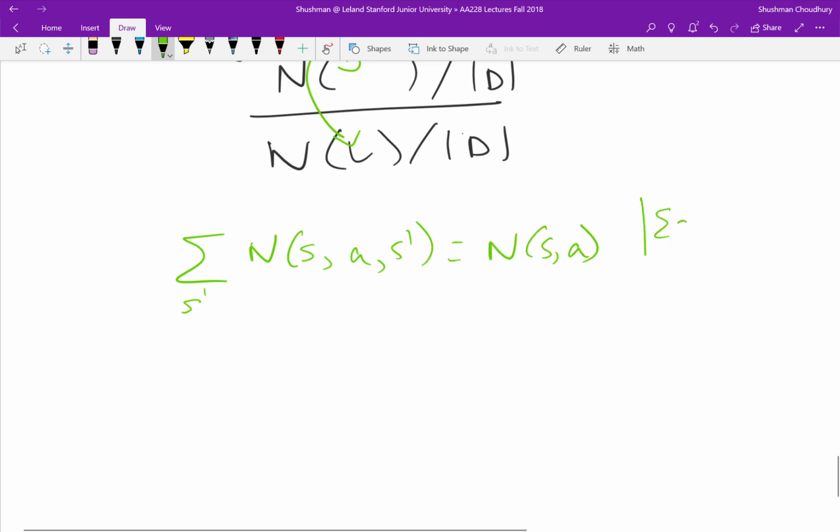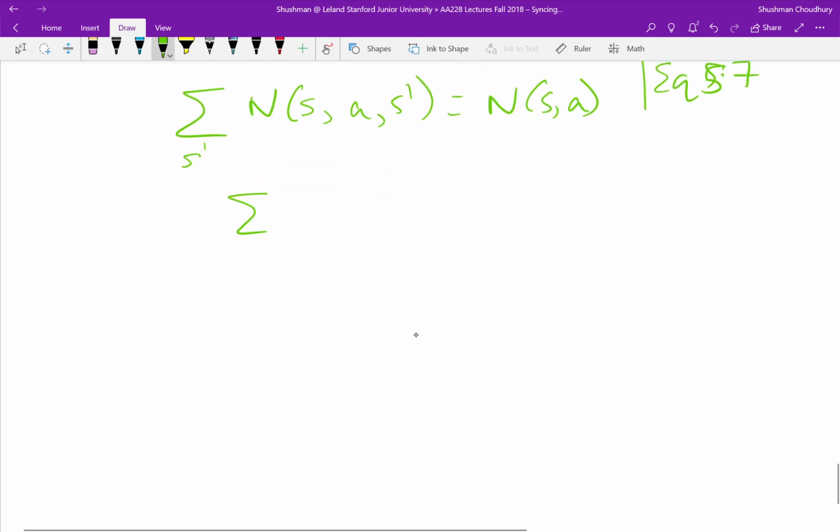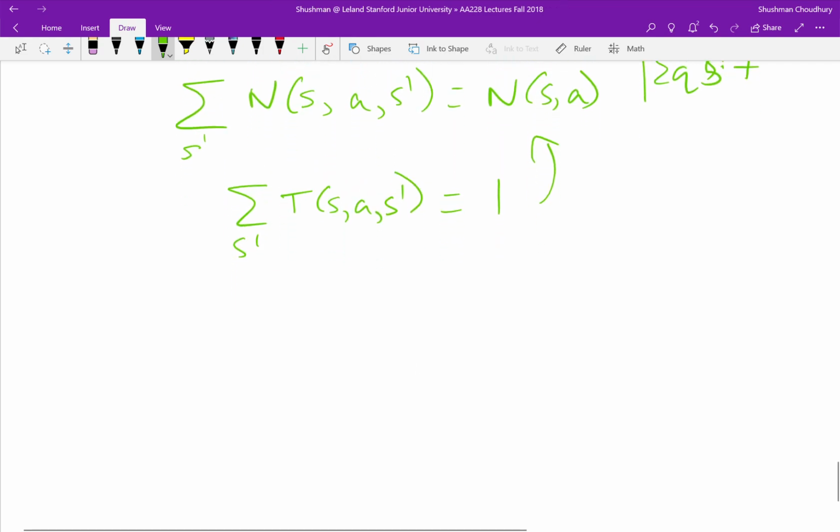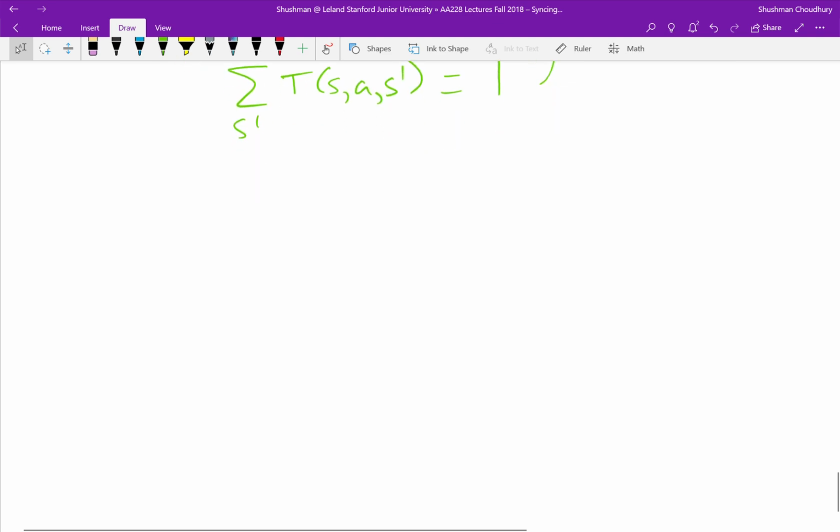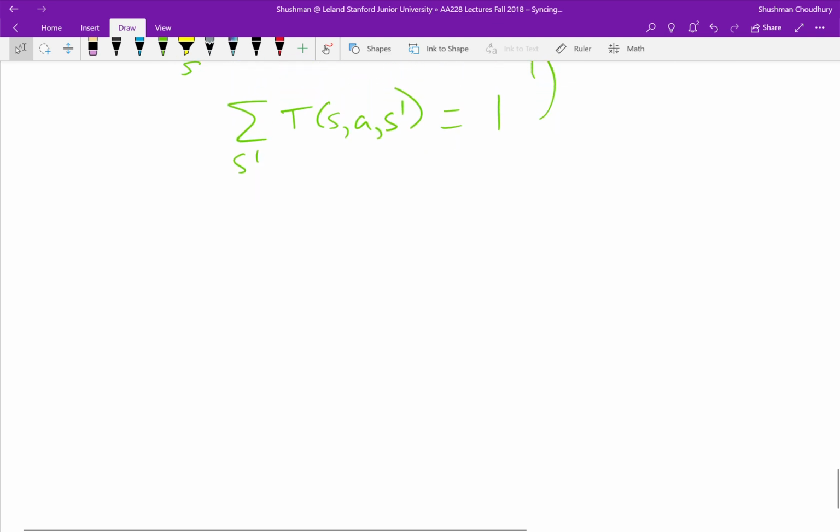This is just equation 5.7. So just based on that, we know that just by following those rules, this will be equal to 1, just by that relation. And if this is not clear, just go back and loop through and think about this again, and this will become clear to you. So the transition matrix respects what we want from it.